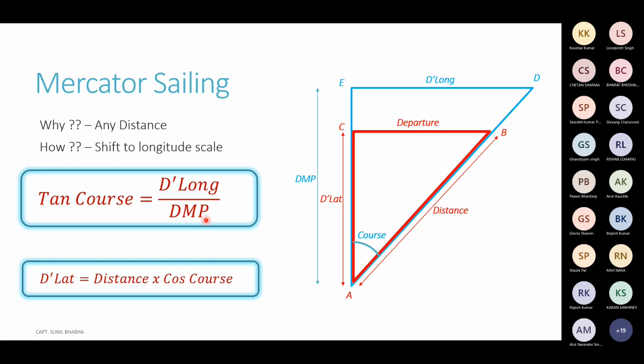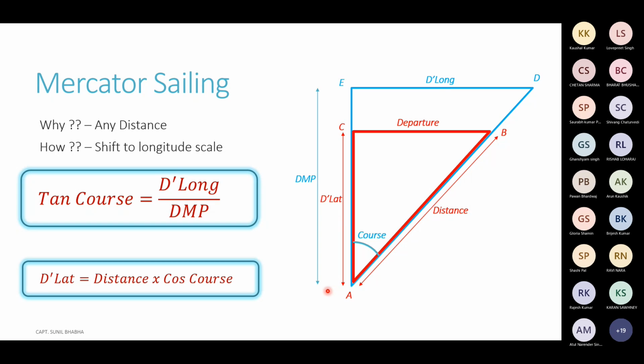The second way you could understand it from the chart point of view is, you see, on a Mercator chart, 1 minute of longitude is a fixed quantity. You go anywhere on the Mercator chart and you measure 1 minute of longitude, it is a fixed dimension, fixed length. The latitude is not so.